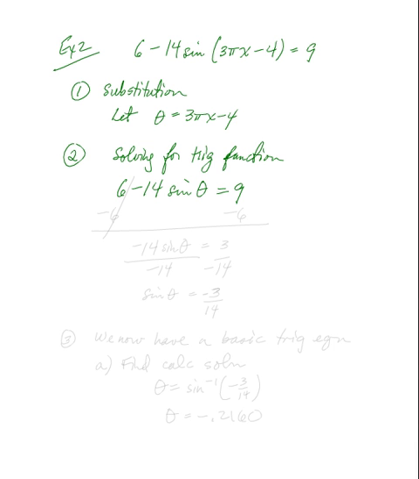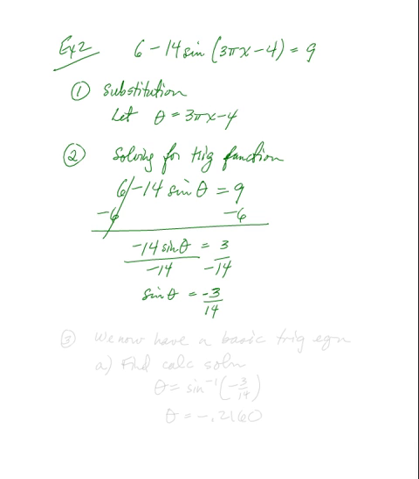So now we're going to solve for the trig function itself, which is just the sine theta. So we're going to have to subtract 6 from both sides. We get negative 14 sine theta equals 3. Now divide by negative 14. You'll get sine of theta equals negative 3/14.